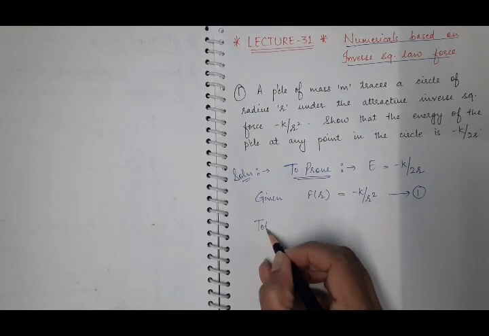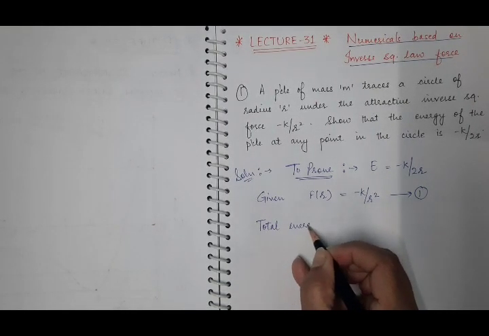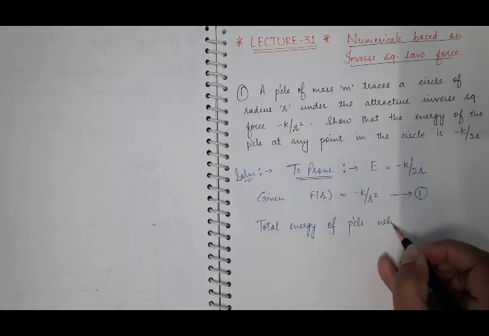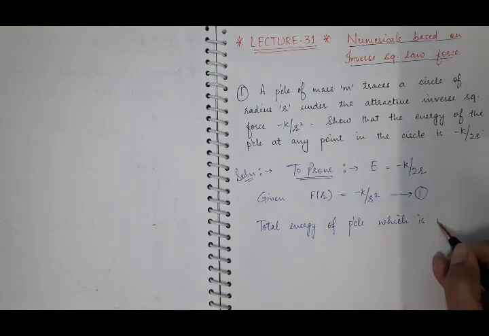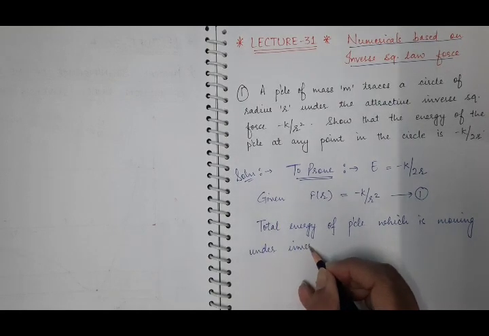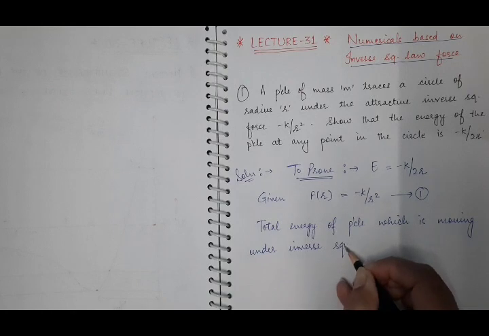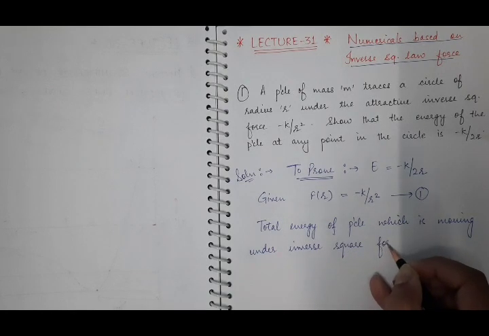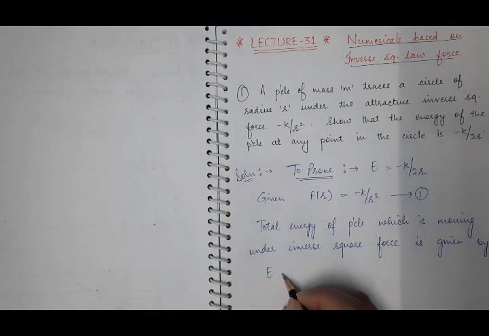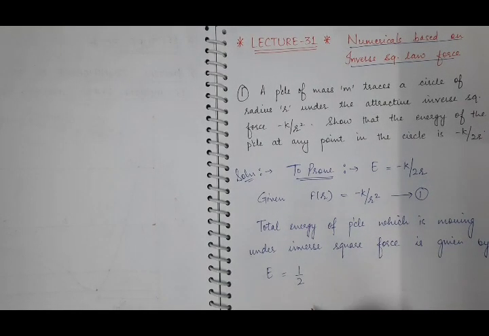And total energy of the particle, which is moving under inverse square force, is given by E. It is equal to, we have derived this expression, half mu r dot square.